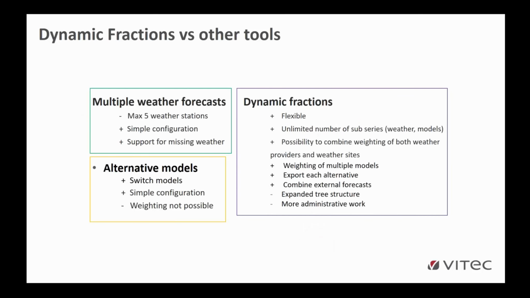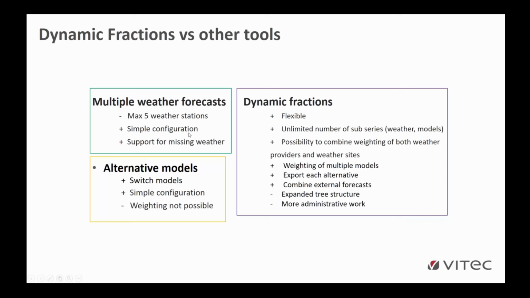And if you compare it to other tools, as we've said, you can have alternative models or multiple weather points connected to it. But then you might ask yourself, we already have the weather weighing and the 5 weather stations, why should we use dynamic fractions? Well, that's true, and with the multiple weather forecast you have a simple configuration.